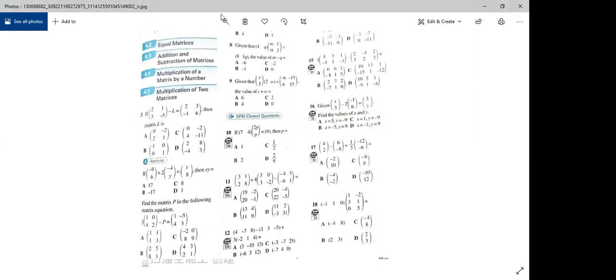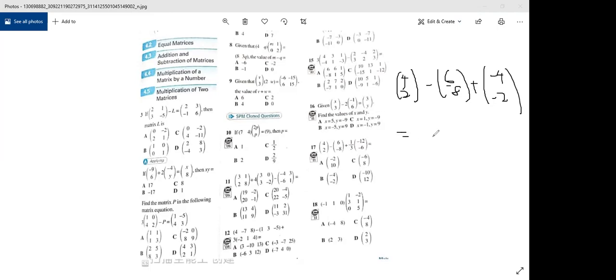17 here. So 4 minus 6 plus 1 over 3 times negative 12. So we will get the equation 4 2 minus 6 negative 8 plus negative 4 negative 2. So we just do the upper one first. 4 minus 6 negative 2 plus negative 4, so it's negative 6.